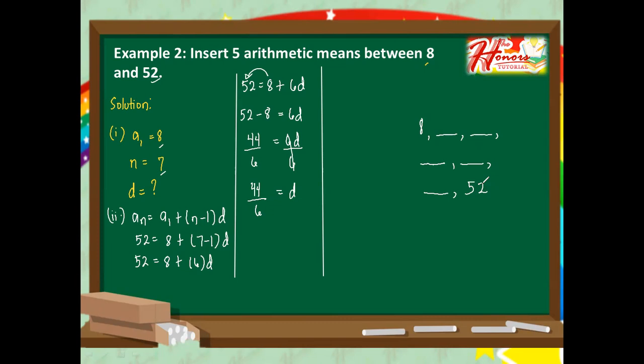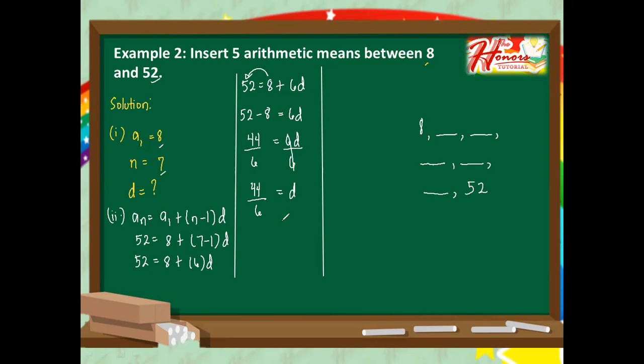And then let's add it by 8. So we have here 44 over 6. That would be 7.33 plus 8. That is 15.33.